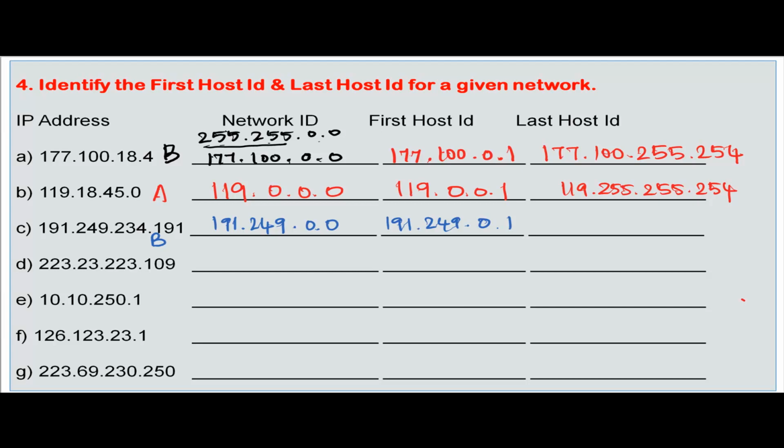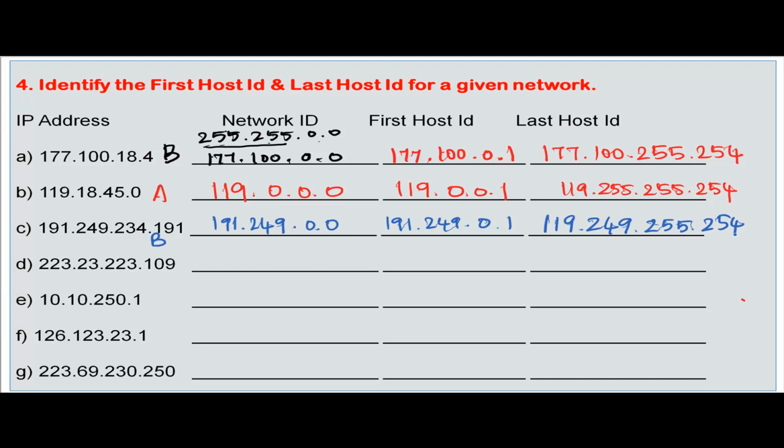Then the next one we have to find, the last host ID. So 191.249.255.254. So this is going to be our last host ID.